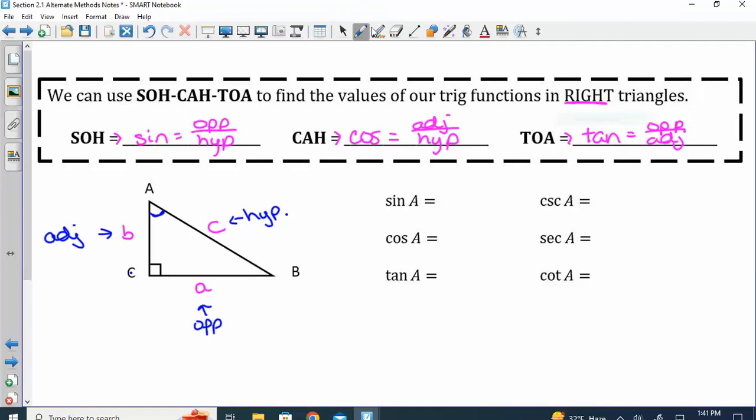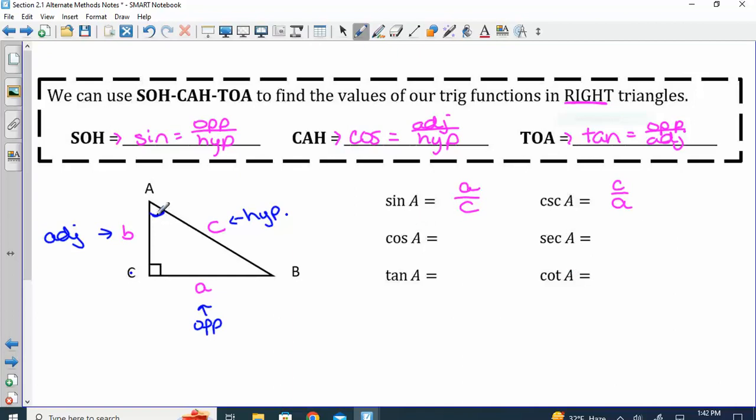So using this picture, sine of A. So sine is opposite over hypotenuse, so that would be A over C. And if we have sine, we automatically know cosecant because they are reciprocals.